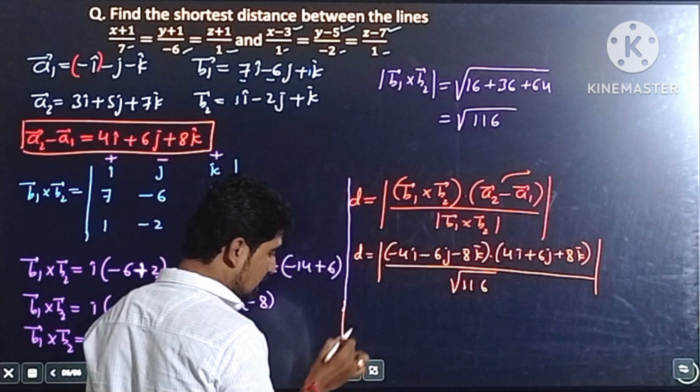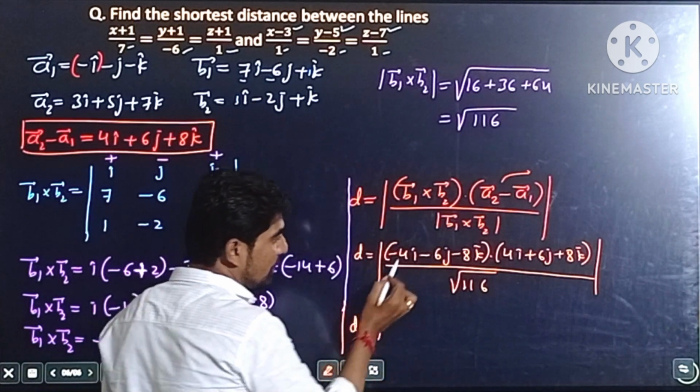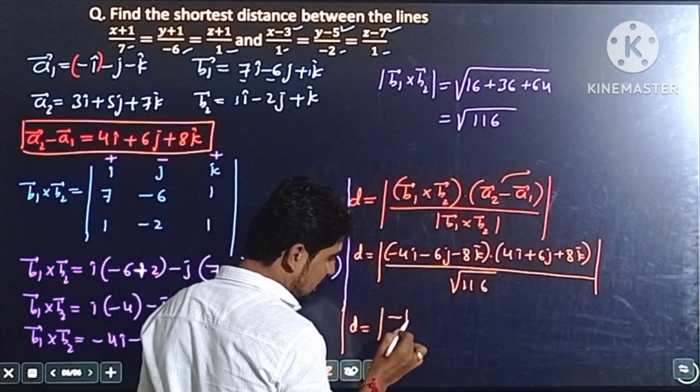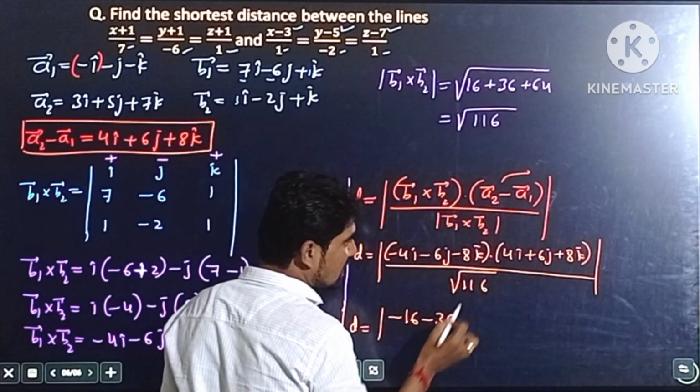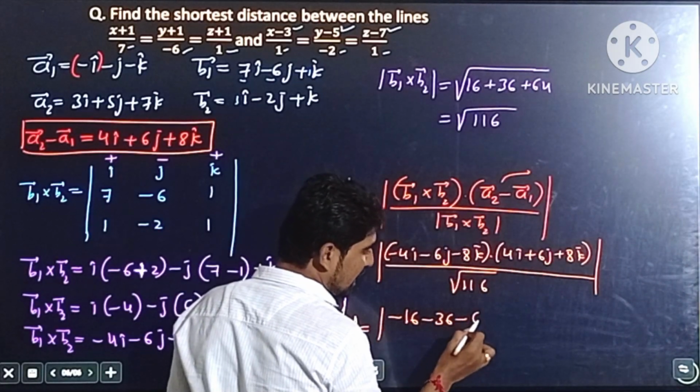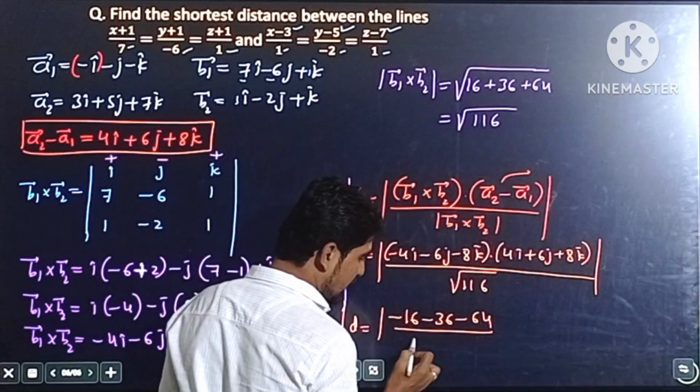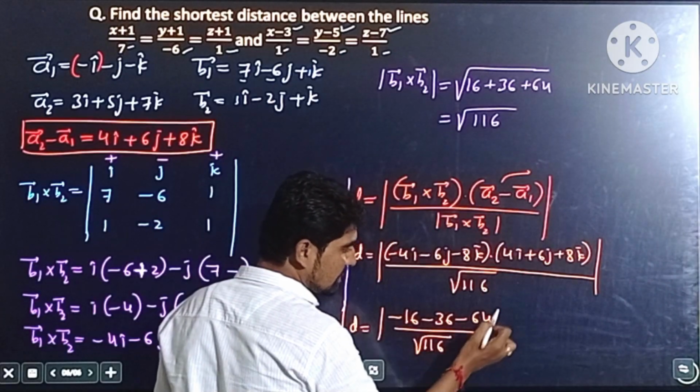Therefore, D is equal to minus 4 into 4, minus 16, minus 6 into 6, minus 36, minus 8 into 8, minus 64, divided by root 116.